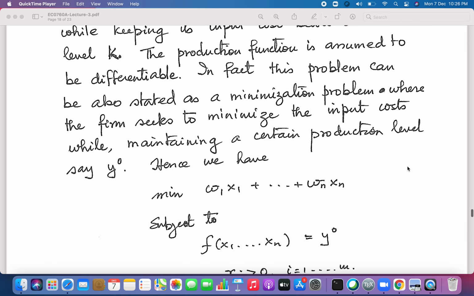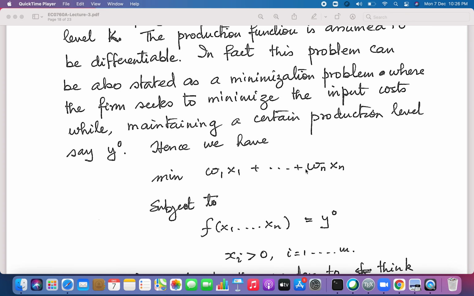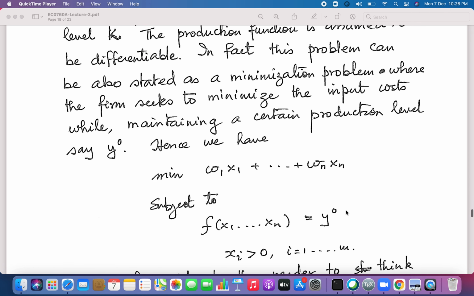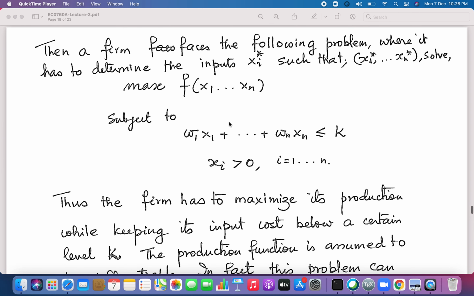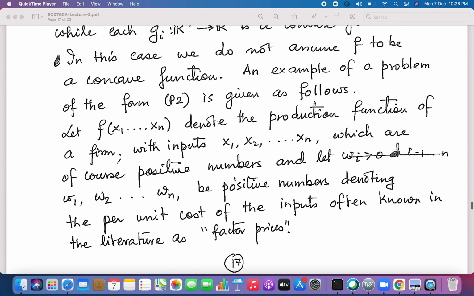You can say, okay, I want to minimize my cost, but maintain a production level. The production level should be equal to y naught, or greater than or equal to y naught, where x is strictly greater than 0. So the problem that you write, if you forget the xi strictly greater than 0, is of this form.